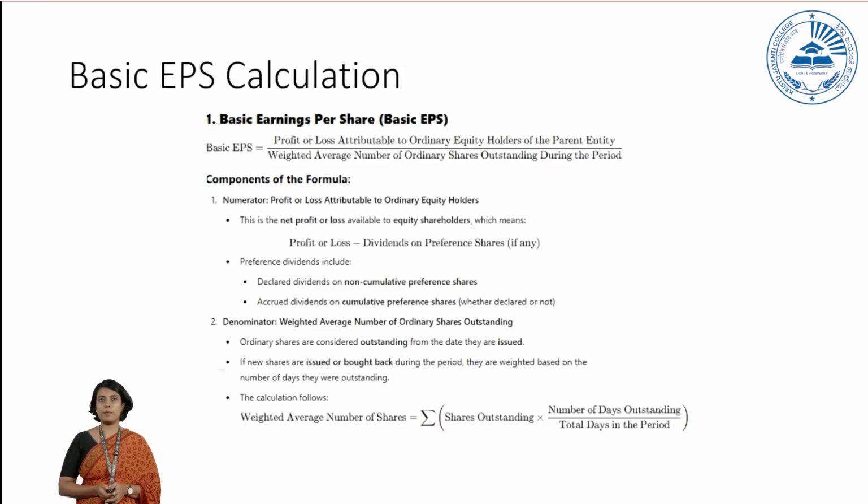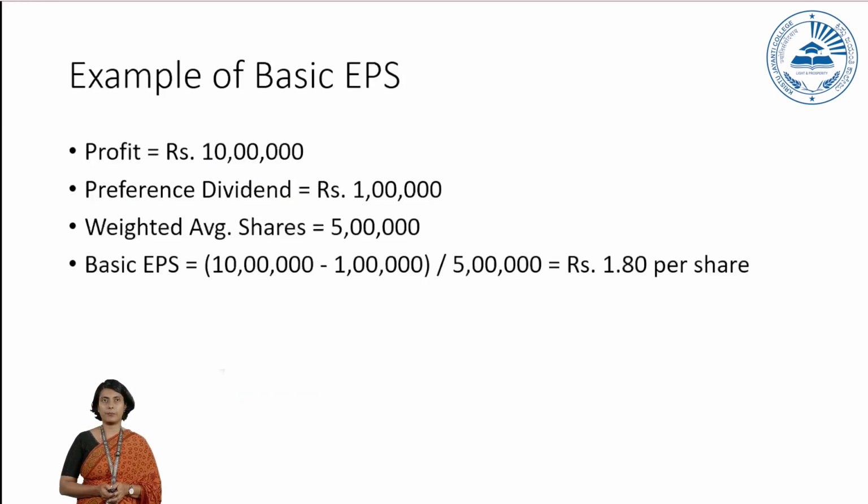Basic EPS can be calculated as the profit or loss attributable to equity shareholders divided by the total weighted average number of ordinary shares outstanding during the period. The components of the formula include the net profit less the preference dividend, and the denominator is the weighted average number of ordinary shares outstanding, multiplied by the number of days outstanding divided by the total days in the period.